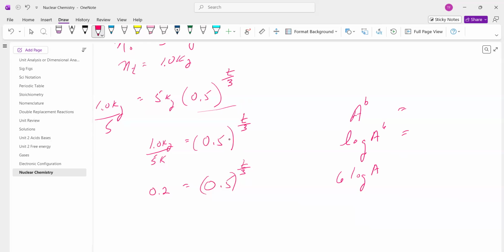Okay, so now this part here we're going to use there.